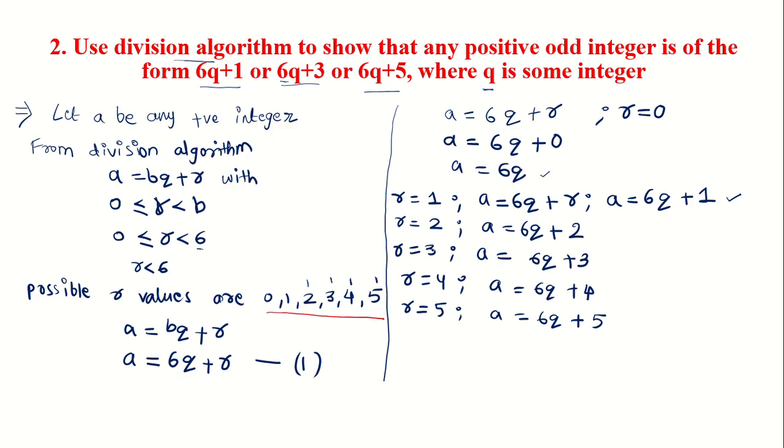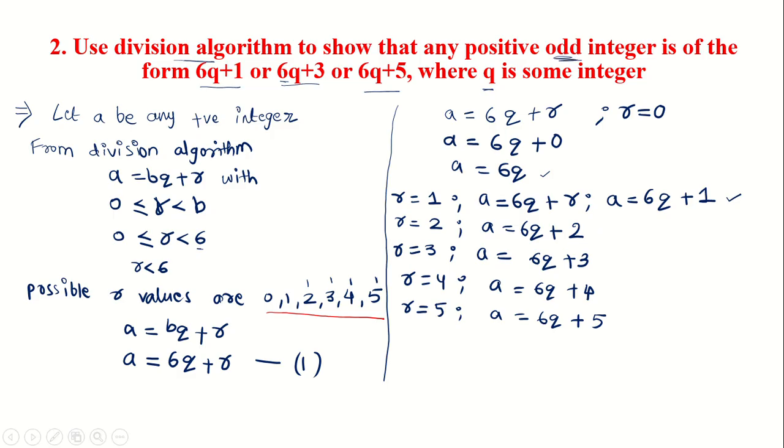Similarly, for 2, 3, 4, 5, you will get these equations. Now, we need to show that any positive odd integer is of the form 6q plus 1, 6q plus 3 or 6q plus 5. So, here the even integers are not required. Only the odd integers are required.